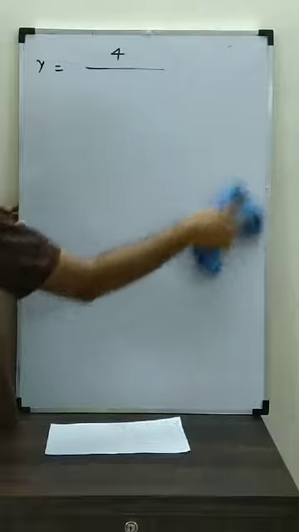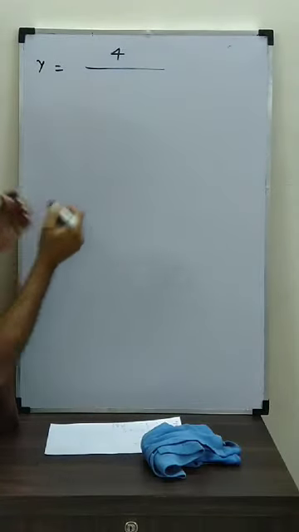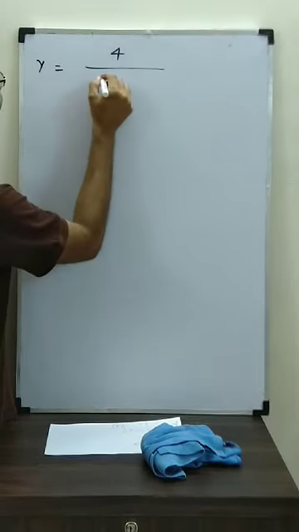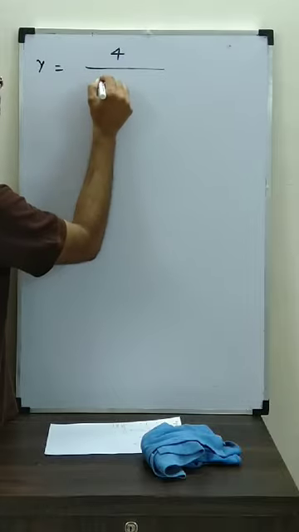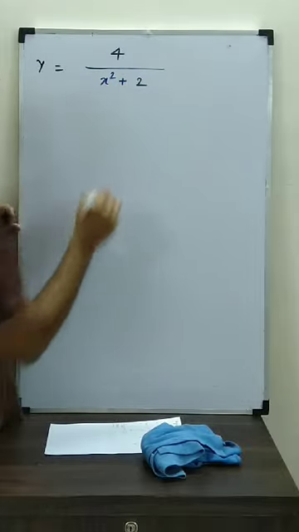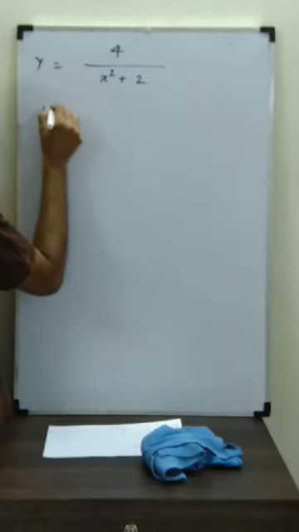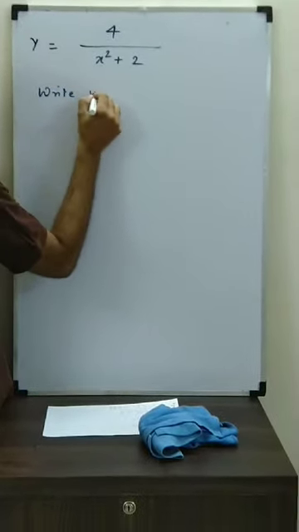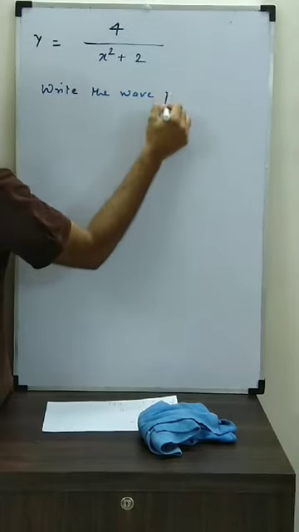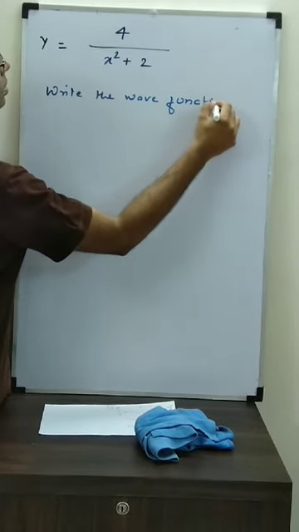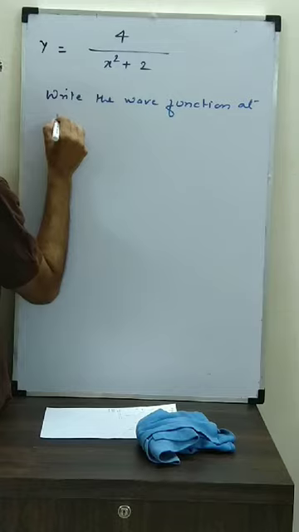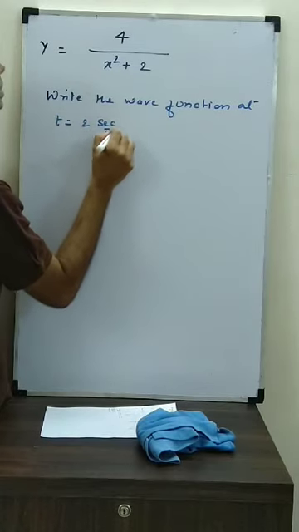Suppose the question is like this. It says that the wave is represented as y equal to 4 by x square plus 2. Then the question asks us to write the wave function at t equal to 2 seconds.